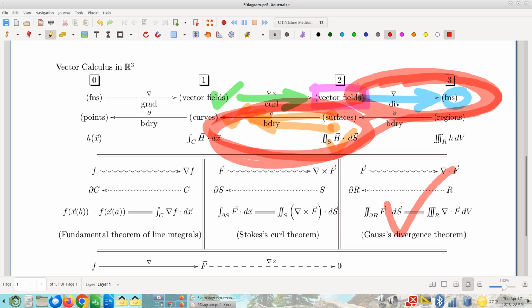Maybe, which, by the way, wouldn't that be cool? The way we might hope for that to be true and the way we might show that to be true, perhaps Gauss's divergence theorem. It's kind of what the diagram's suggesting. So let's see if that works.